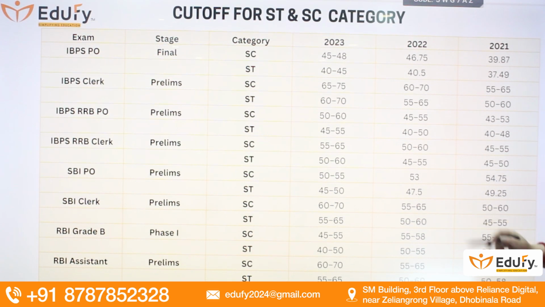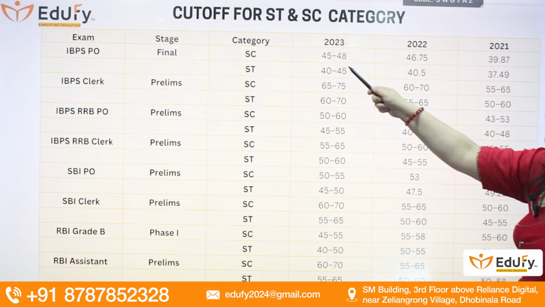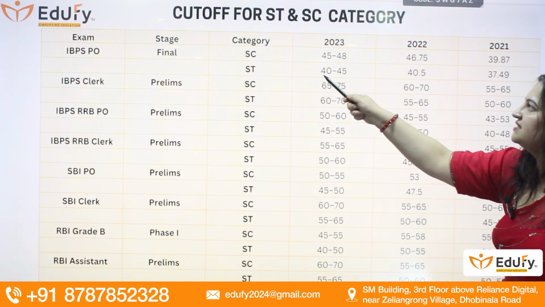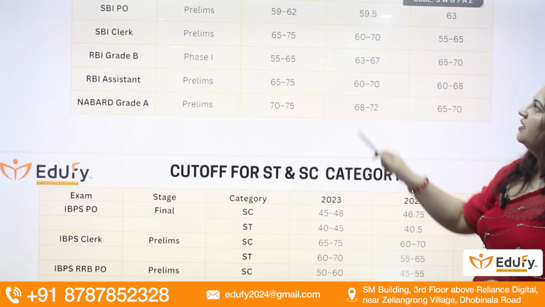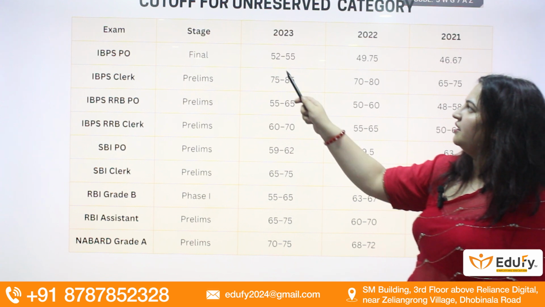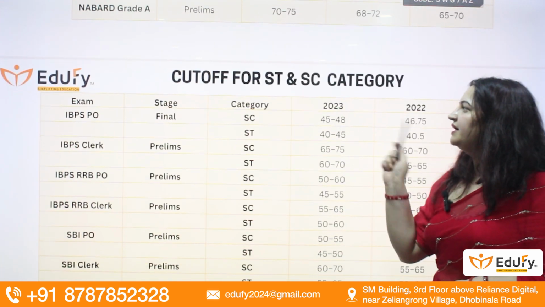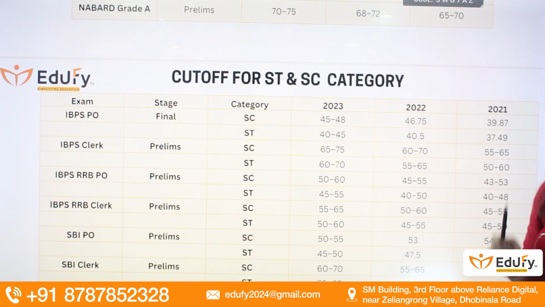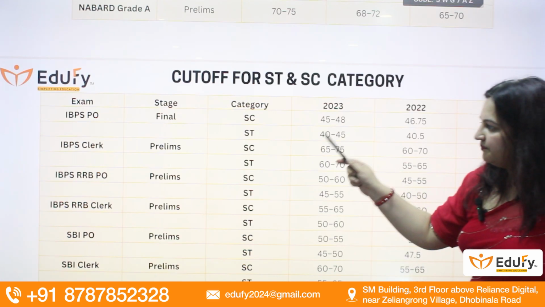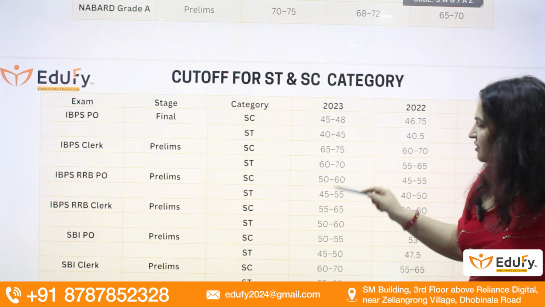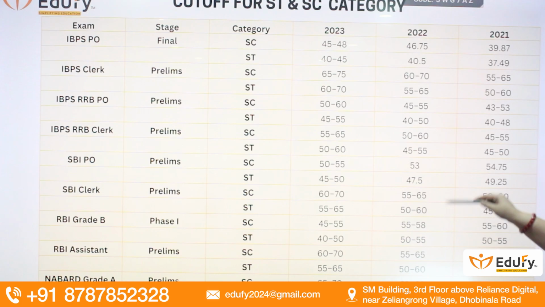For SC and ST category, 45, 48, for ST 40, 45. Here general category cutoff was 52, 55. Almost a difference of 10 marks. 40 to 45, 50 to 55. Fine. Same you can see for different categories, different cutoffs.